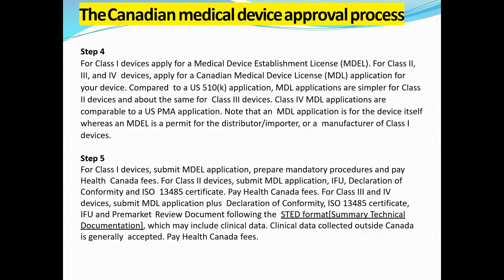Compared to the US 510(k) application, MDL applications are simpler for class 2 devices and about the same for class 3 devices. Class 4 MDL applications are comparable to the US PMA, premarket approval application. Note that an MDL application is for the device itself, whereas an MDEL is a permit for the distributor, importer or manufacturer of a class 1 device.